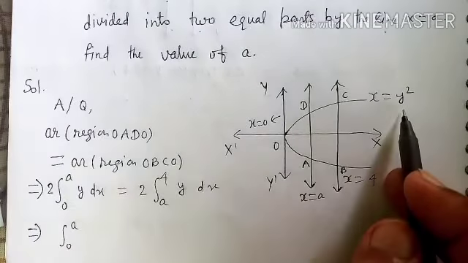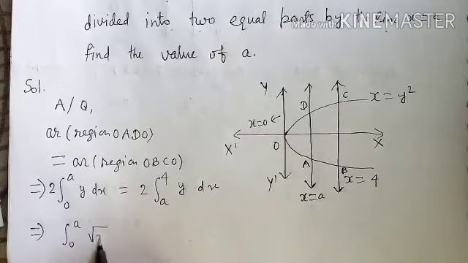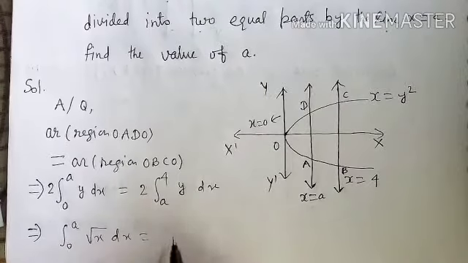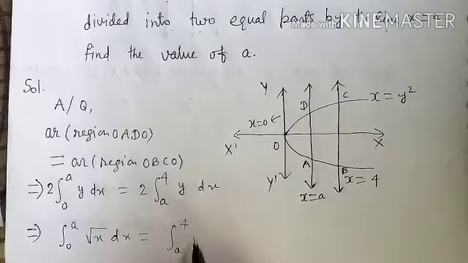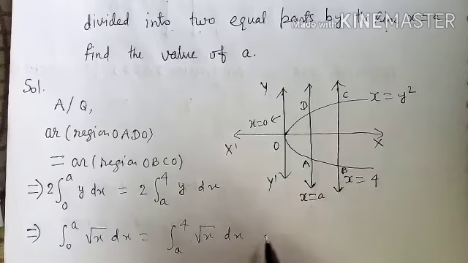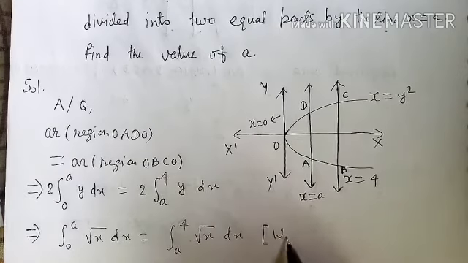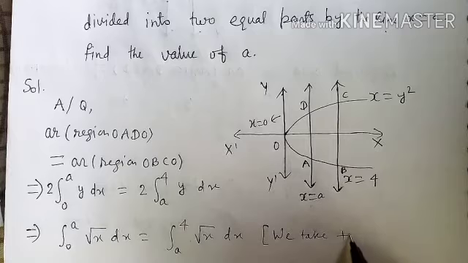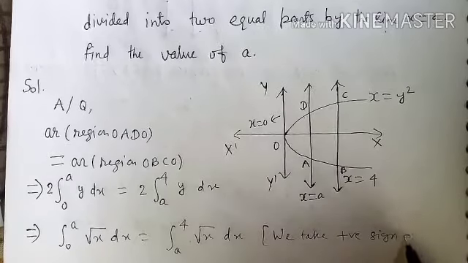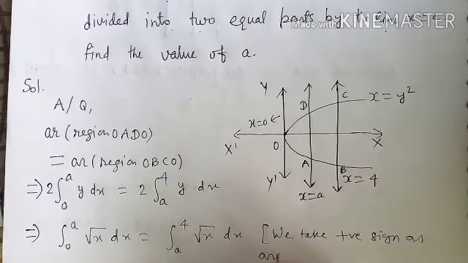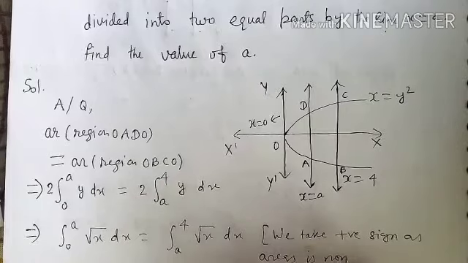Here x is equal to y square, so y is root x. a to 4 root x dx. We take positive sign as area is non-negative.